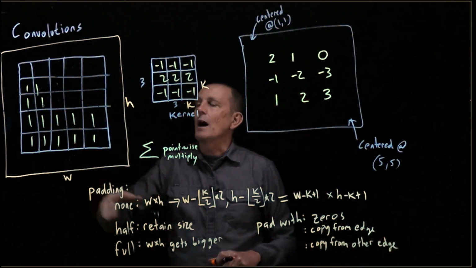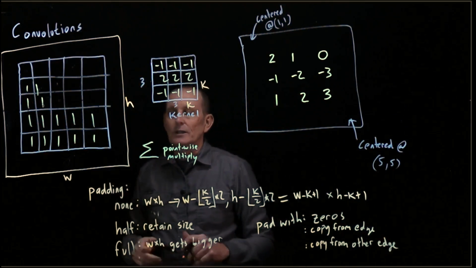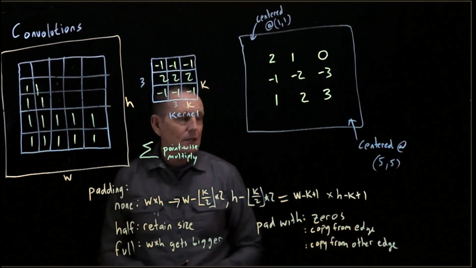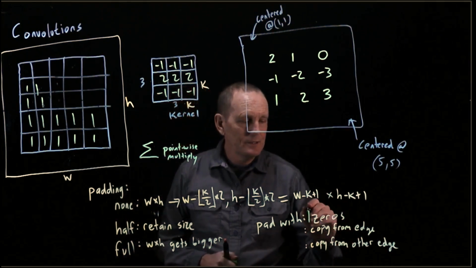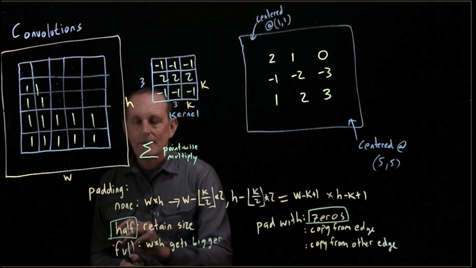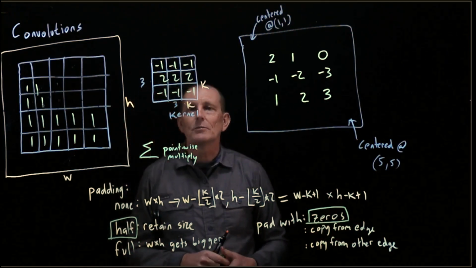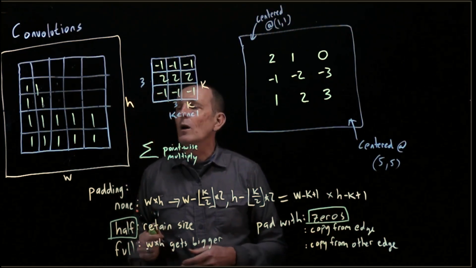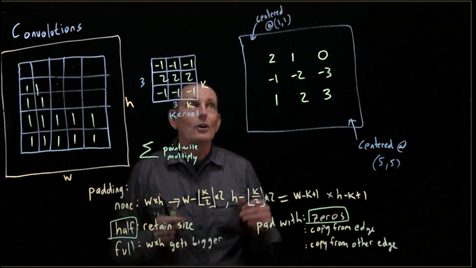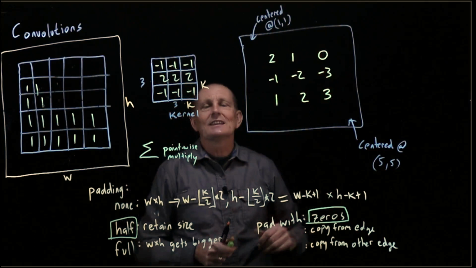Let's go ahead and go through this operation, assuming that we use half zero padding, because half zero padding is almost always what you're going to be using. What we're going to be doing is convolution, and we don't want the size to get smaller.